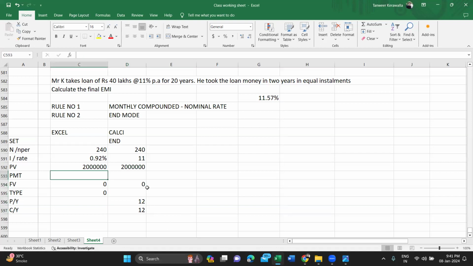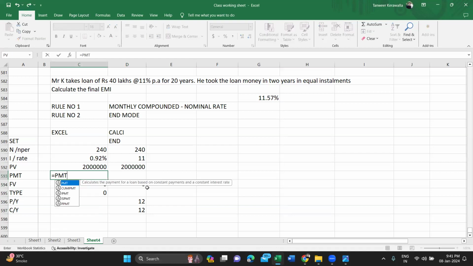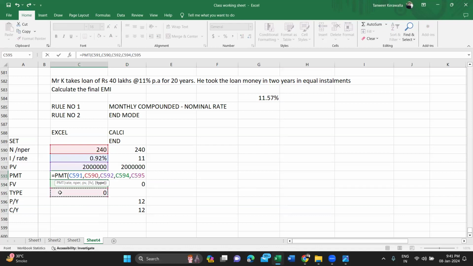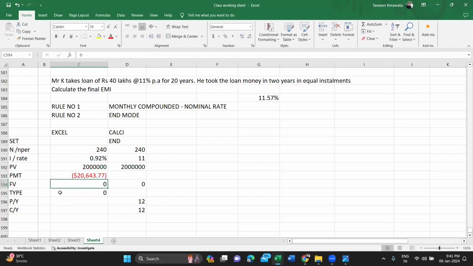Now we solve the formula here. PMT is equal to RATE, NPER, PV, FV, type. We get 20,643 as the EMI he is going to pay every month.